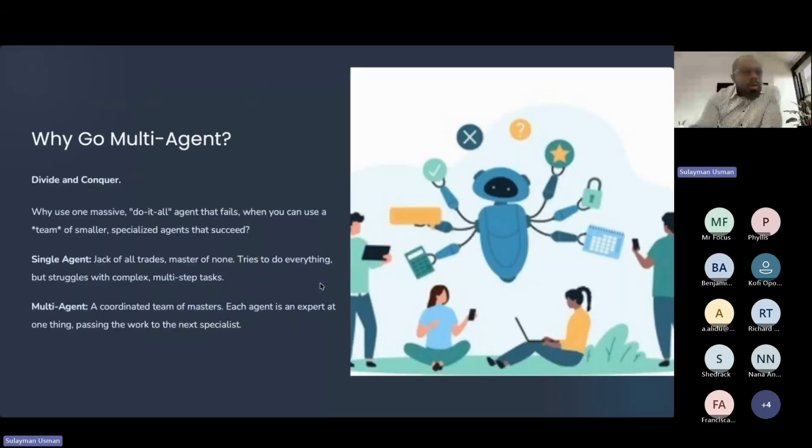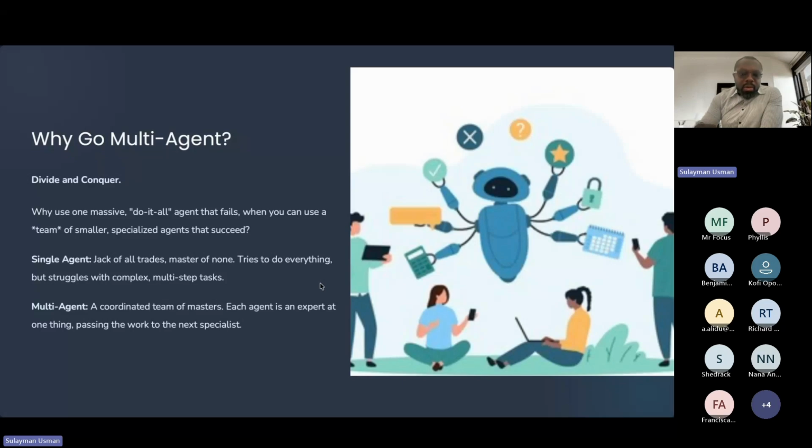Now, why do we go multi-agent? Why use one massive do-it-all agent that fails when you can use a team of small specialized agents that succeed? Basically, multi-agent is there to make things easier and more precise. With a big, huge agent, like I said, the problems with Gen AI and memory and everything grow bigger as the AI agent gets bigger.